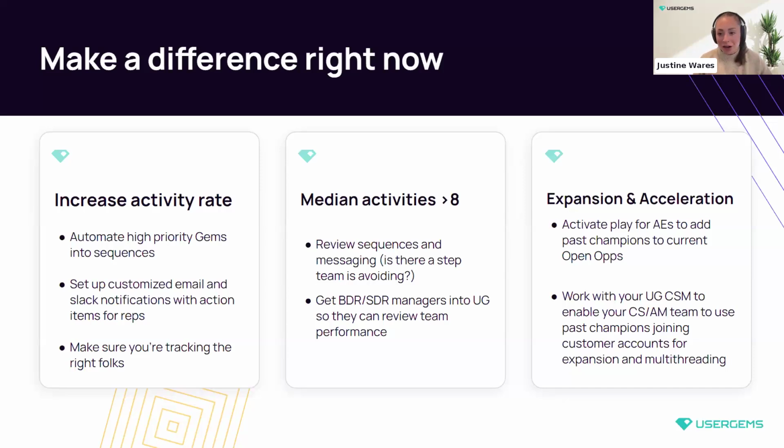If they are not already, you should definitely consider getting your sales managers or sales directors, or any of your customer success managers or account managers, in here, and work with your UserGems CSM to enable these new teams to start using these past champions joining open opportunities or customer accounts, to see what else my customers can do for me, and where else they can help increase my pipeline.